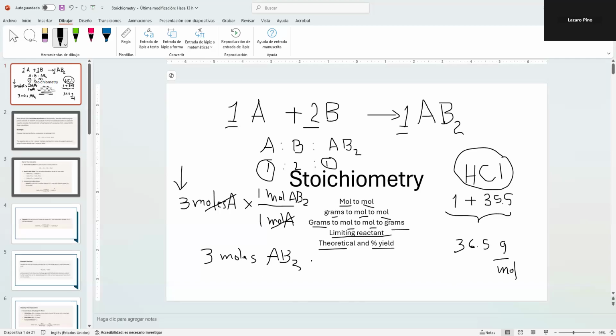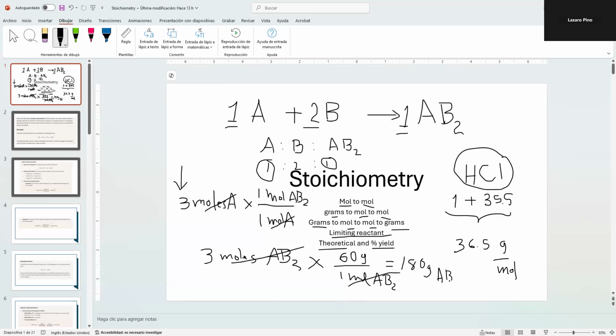For example, suppose that the molar mass of AB2 is 60 grams. Then you write 60 grams is 1 mole of AB2. So in this case, you cancel moles of AB2 with moles of AB2, and you multiply, and you get that 3 moles of AB2 is 180 grams of AB2.